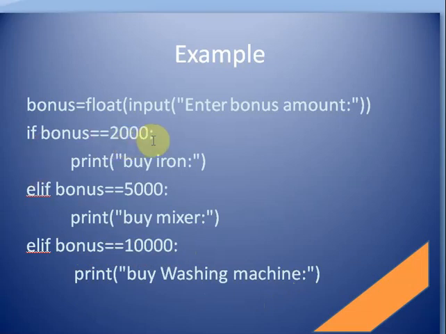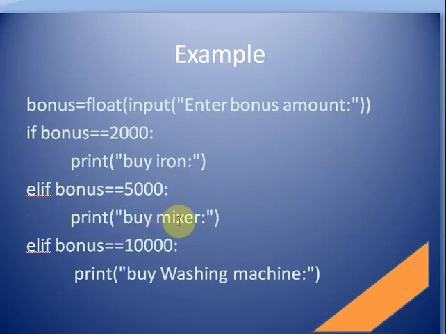Condition colon. If this condition is true, it will execute buy iron. If this condition bonus equal to 2000 is false, then this else if statement will be executed. Else if bonus equal to 5000 colon buy mixer.